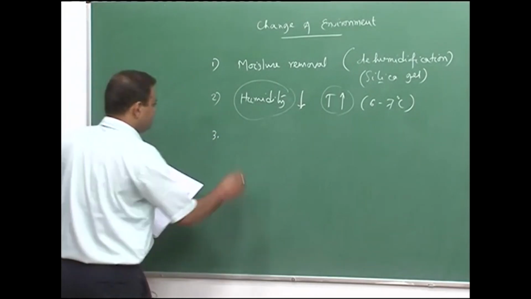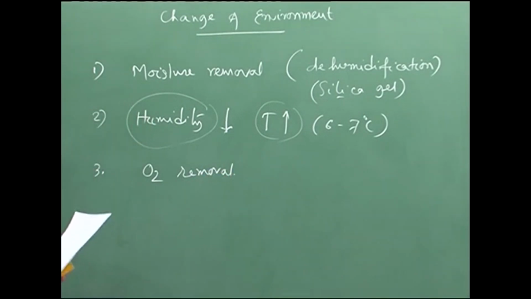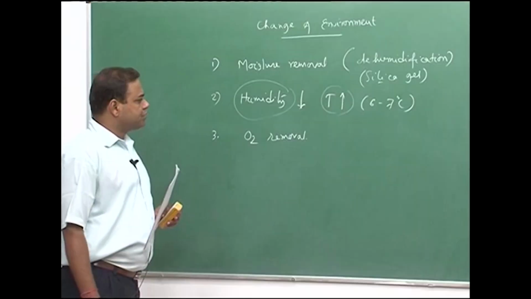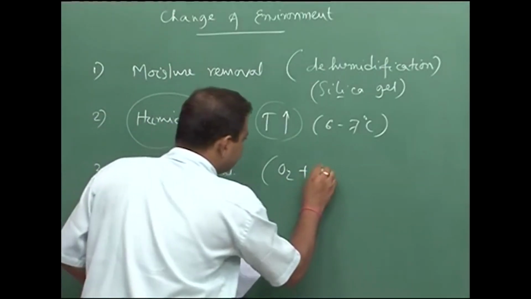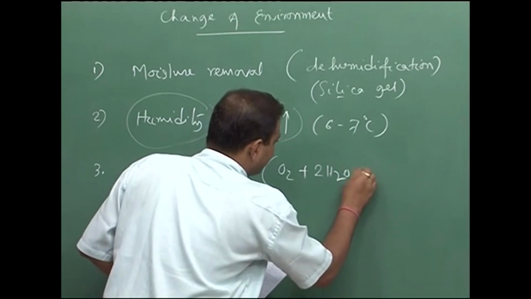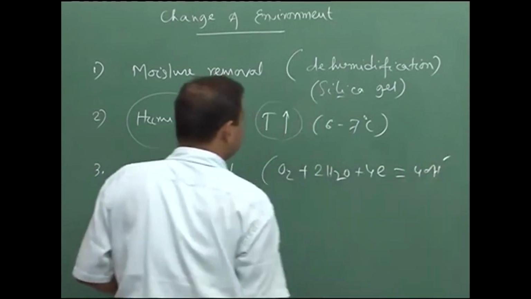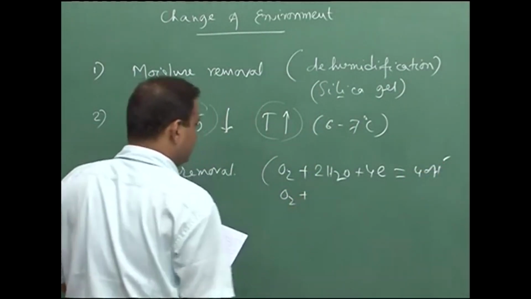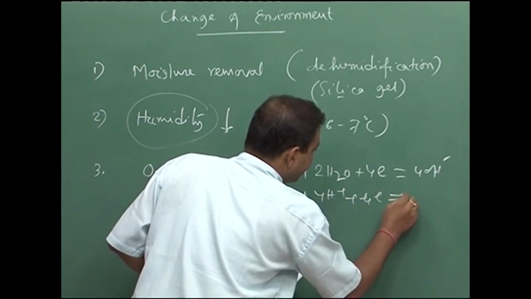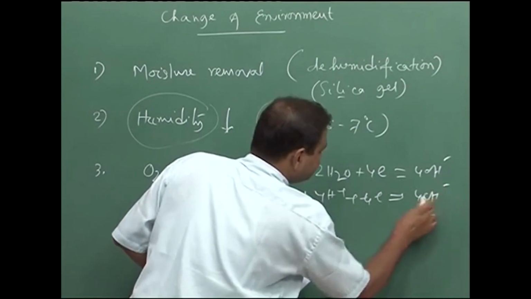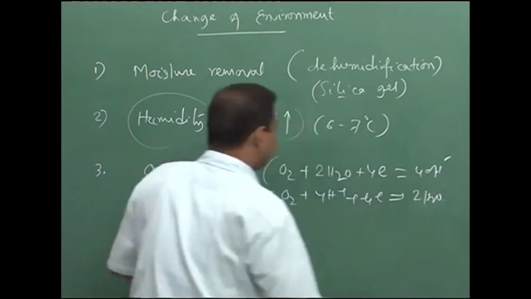Then we can have oxygen removal. In case of neutral or basic medium, this is the major cathodic reaction, or even in acidic media, if we have dissolved oxygen, then this reaction can occur, which is also a cathodic reaction.